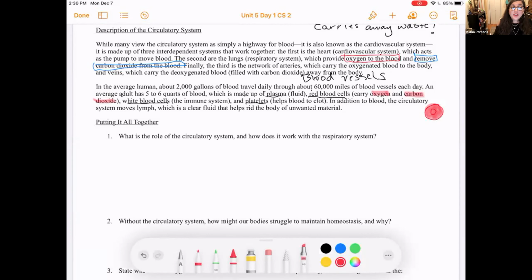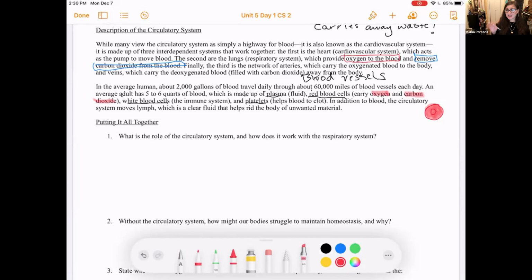In addition to blood, the circulatory system moves lymph, which is a clear fluid that helps rid the body of unwanted material. An example of something that would be in your lymph could be antibodies, not when they've been freshly created and are on their way to fight the infection, but after they have fought the infection, they take whatever waste they've produced by destroying those cells, and that waste is sent through your lymph, which is then eventually stored in your lymph nodes.